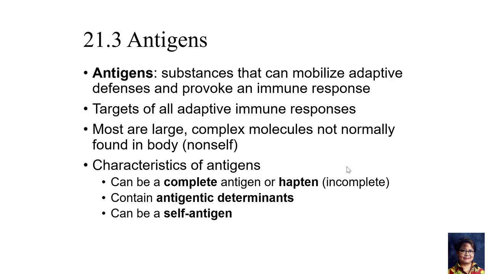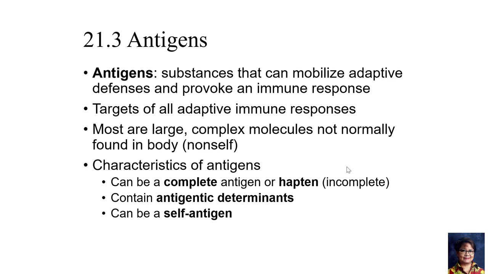Okay, so when they are transferred to us, they provoke an immune response. When you say provoke an immune response, that means our own white blood cell will react to it, being that they recognize that it is foreign. They have to fight it so that it's not going to be part of us, because they know exactly what is part of us. So anything that can mobilize this particular reaction of our defense mechanism is called an antigen.